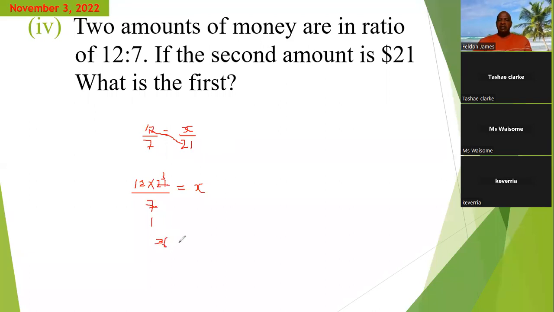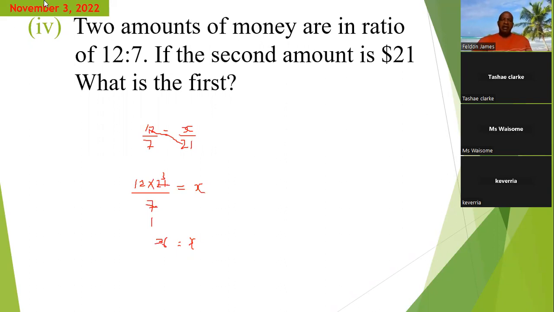Now, so this 36 would represent what? $36, sir. So based on the question, it says two amounts of money are in the ratio of 12 to 7. If the second amount is $21, what is the first amount?